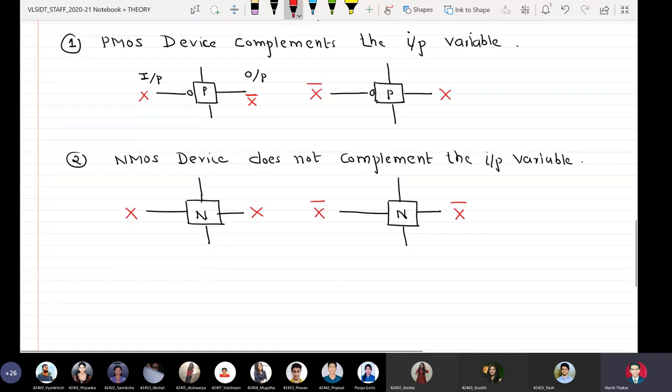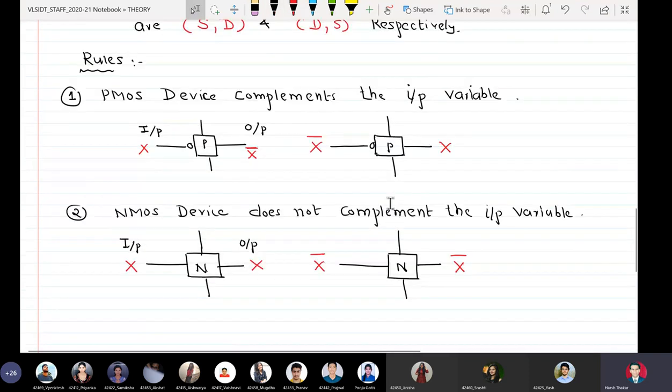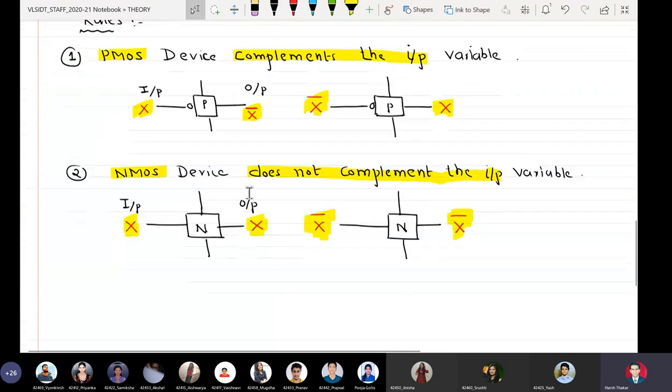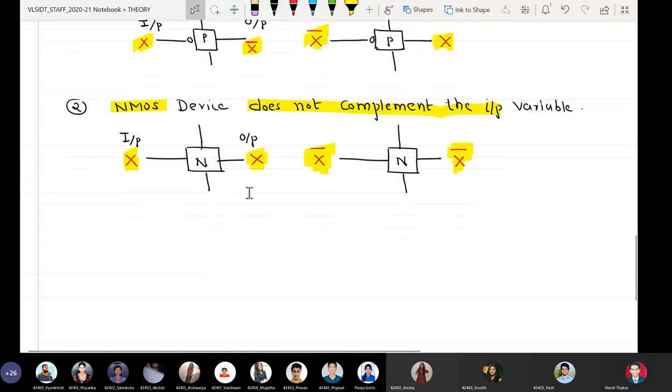Okay, so should be very clear about this thing. PMOS complements the input, NMOS does not complement the input. So X, X bar, X bar, X. Apply X, get an X. Apply X bar, get an X bar.